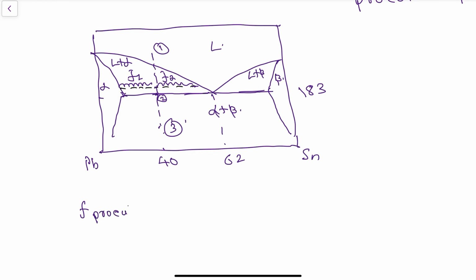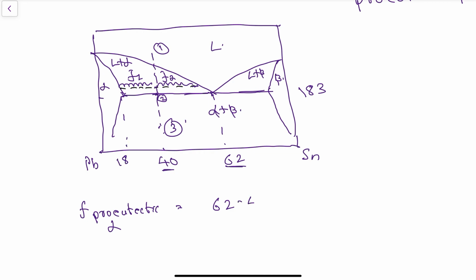The alpha that forms here is called proeutectic alpha. This is equal to F alpha by using the lever rule. You can easily find. I am taking a line just above this line. Let us assume this to be 62. So this is 62, this is 40, and this is 18.